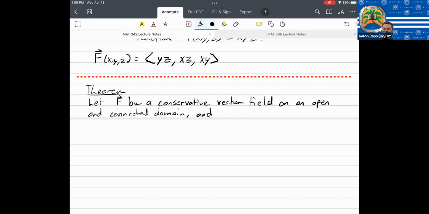And we're going to let f and g be functions such that the gradient of f and the gradient of g both form that same vector field.